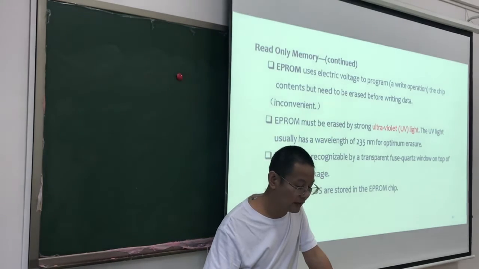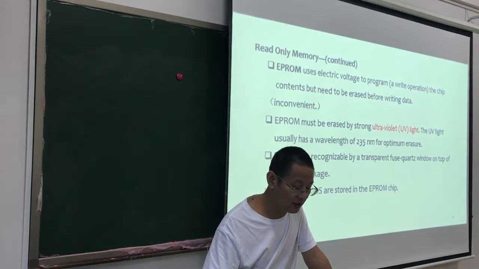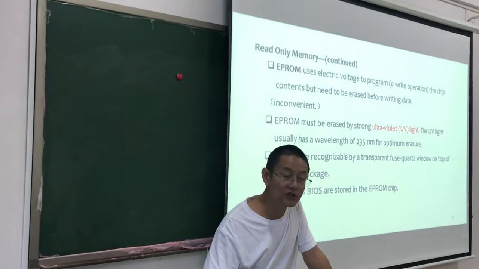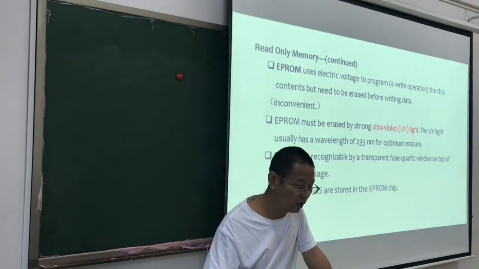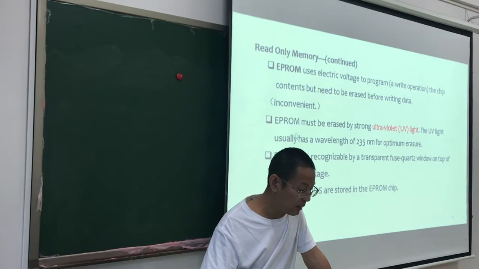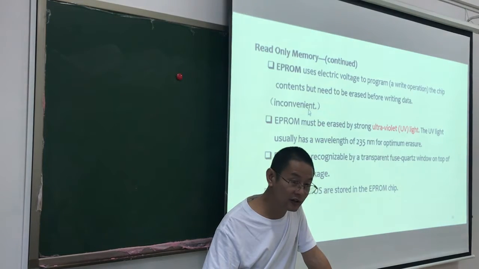EPROM uses electrical voltage to program the chip, but needs to be erased before writing data. That is inconvenient. EPROM must be erased by strong ultraviolet light.